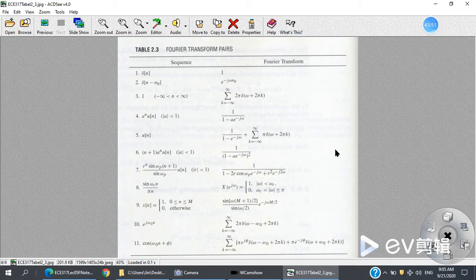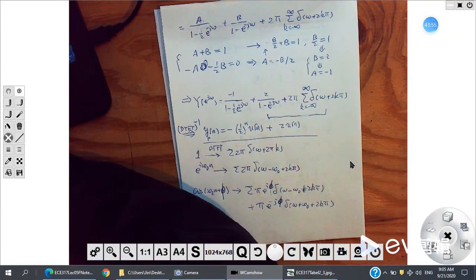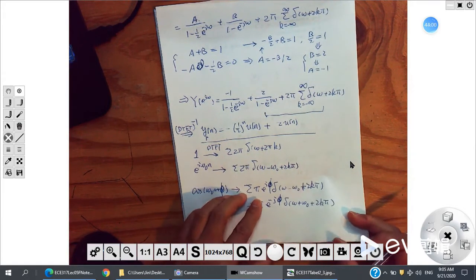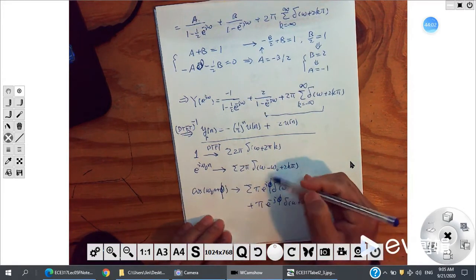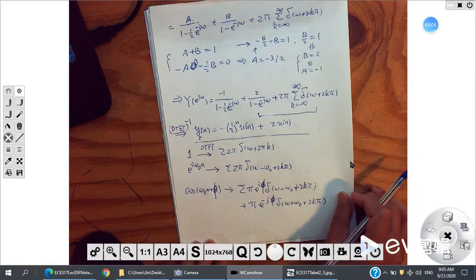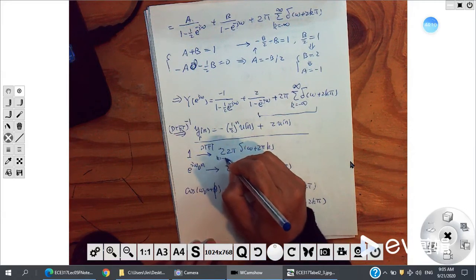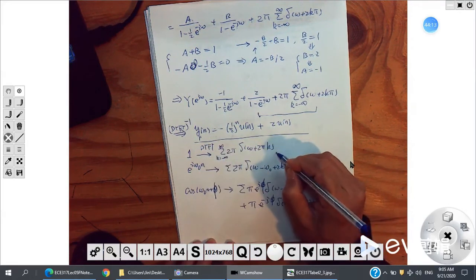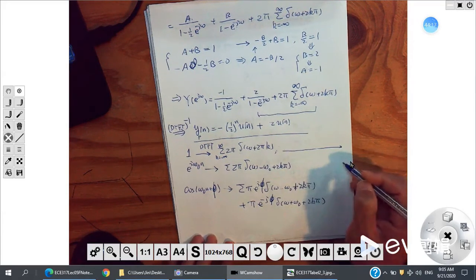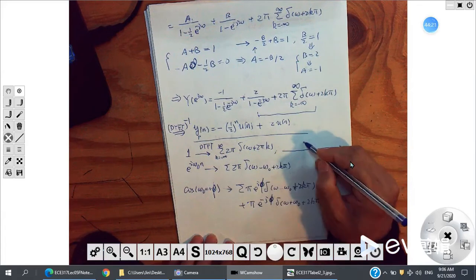Okay, we have these three, and what are these steps here? Actually, if you just look at the formula, it's hard to see what it is. But if you give a graph, it won't be so difficult. You see this one, k should be any k, negative to positive infinity, all the integers. So you see all the parts occur at 2k pi.